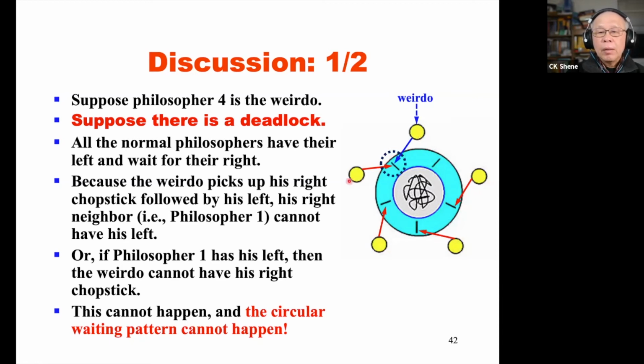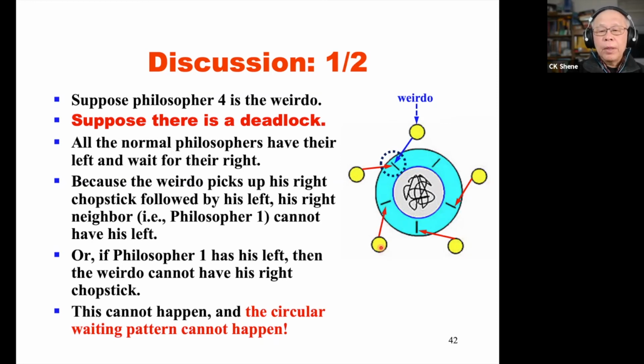Then this philosopher cannot have his left. Because this philosopher does not have the left, he cannot pick up his right. As a result, this philosopher's right neighbor could have his left. Now, if this philosopher can eat, there's no deadlock.